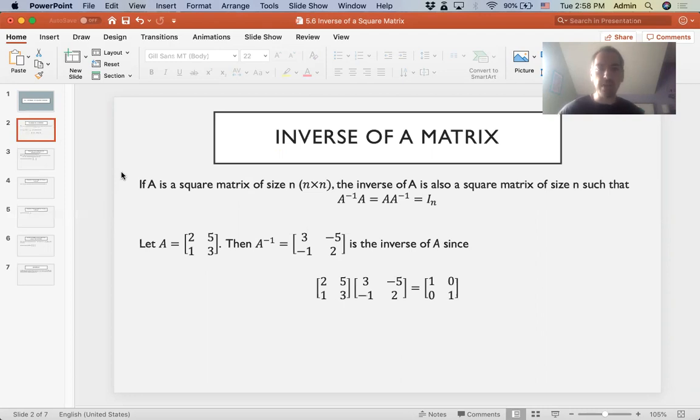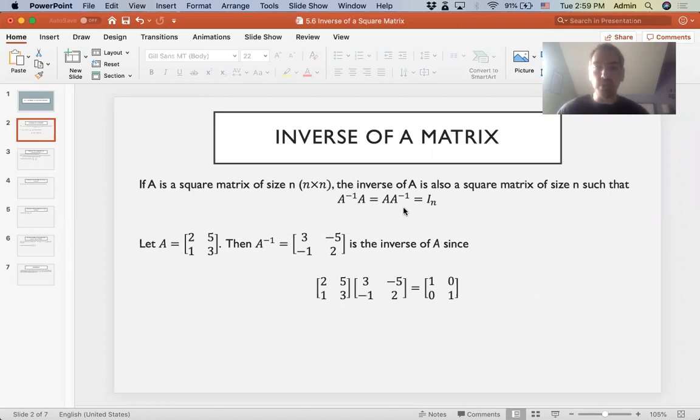If A is a square matrix of size n, right, we have n rows and n columns, then the inverse of A will also be a square matrix of size n, such that when you multiply the matrix A times its inverse, you will get the identity matrix. Right, this is what we have demonstrated here, that A inverse times A, when you multiply it on either the left side or the right side, it's going to result in the identity matrix.